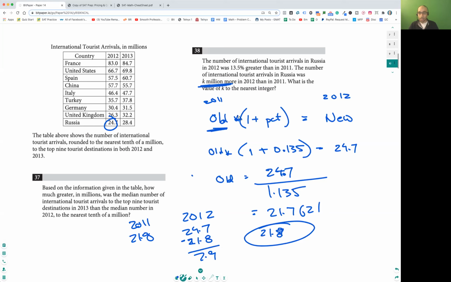But remember, if you put 2.9, it's wrong. If you put millions, it's wrong. They're asking you for the nearest integer, so the nearest integer of 2.9 is 3, which gives us the correct answer. They're very explicit: what is the value of K to the nearest integer. So that's 3. That's the 38th problem, and that brings us to the end of this test.